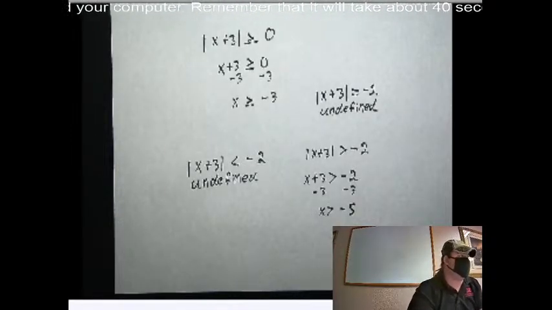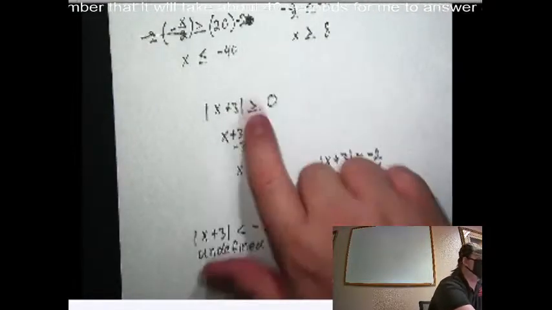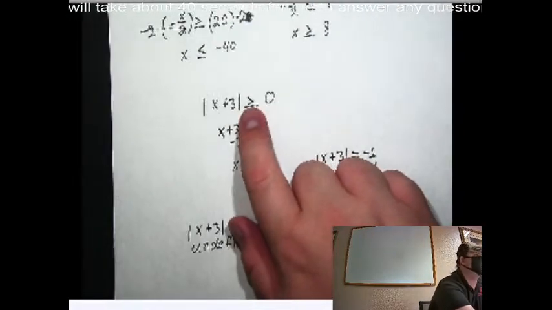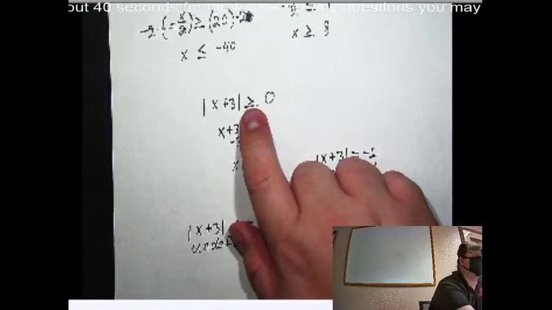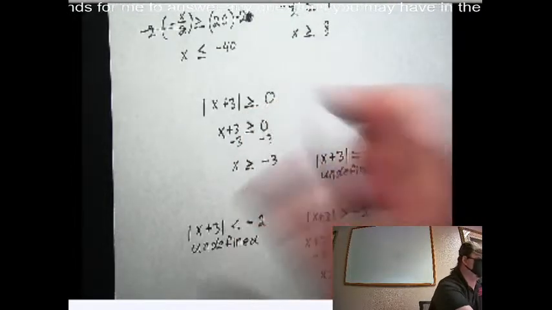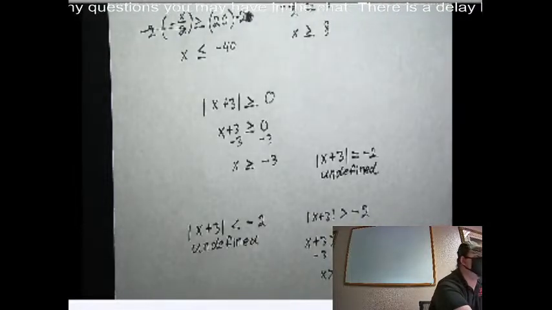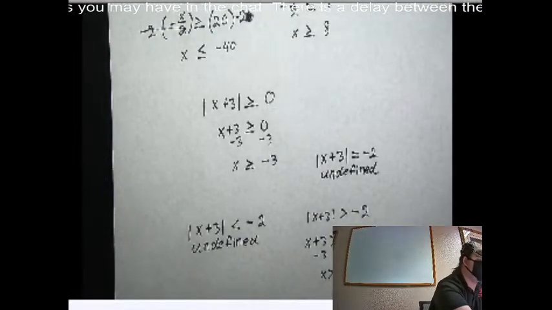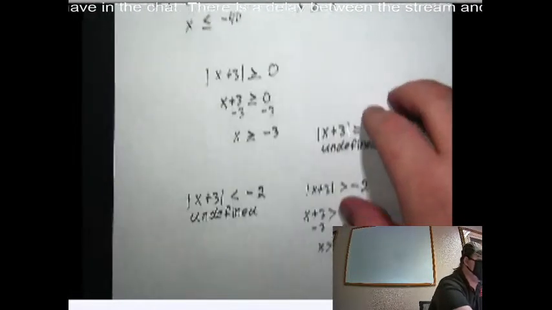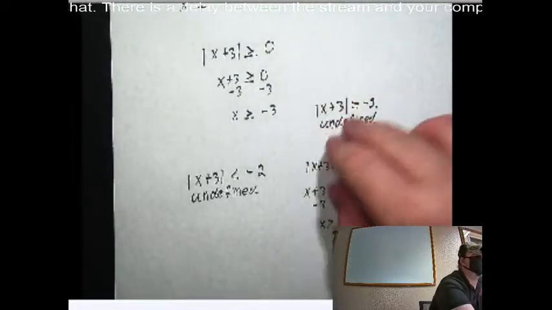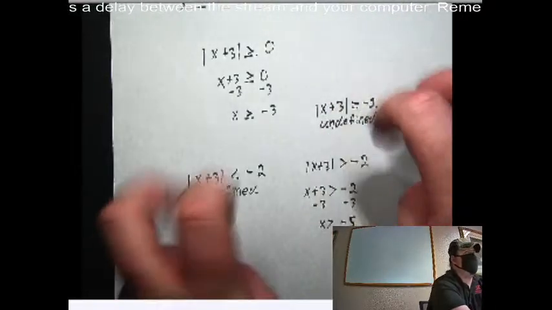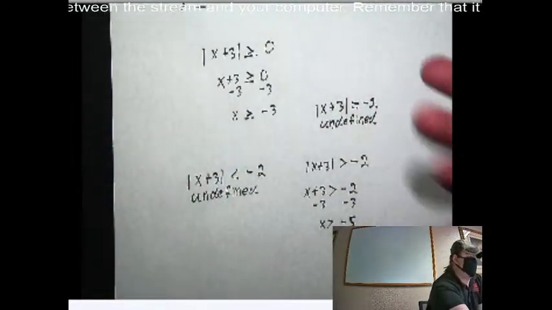So a few things to keep in mind about this last part here. If we've got this thing equal to, or less than, or greater than 0, you only need one case because there's no such thing as a positive or negative 0. It's just 0. Absolute values will always come out to be quote-unquote positive.